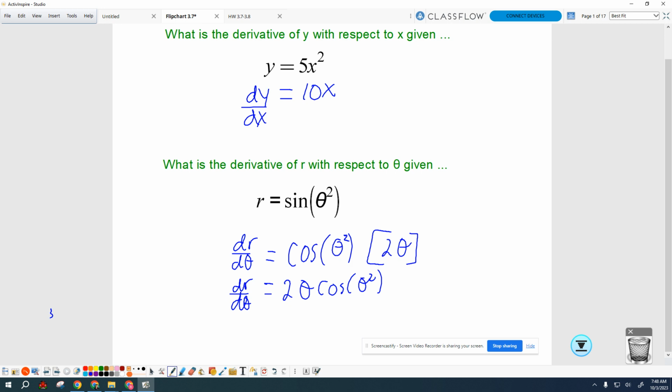I'm making a big deal about what's on the other side of the equal sign, because you're going to tell me in about 5 minutes, where did this come from? Why in the world did you do that? And I will point to this and say, the derivative of y, the way you wrote that isn't y prime, you wrote it as dy dx. How is y changing as x changed?